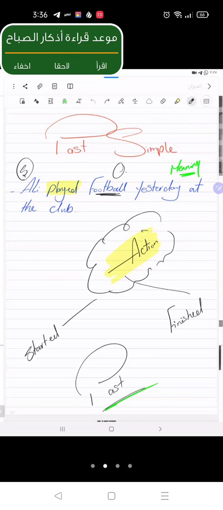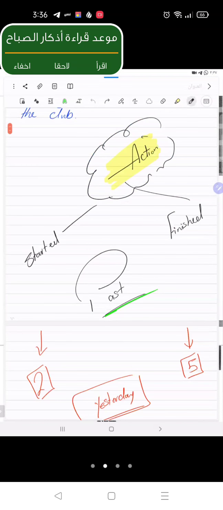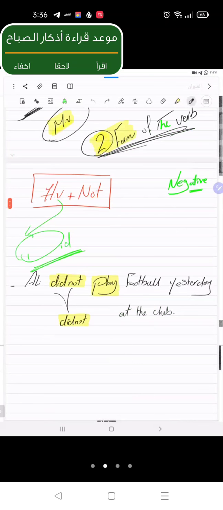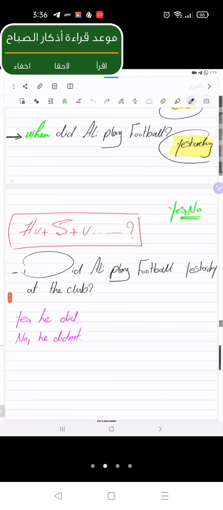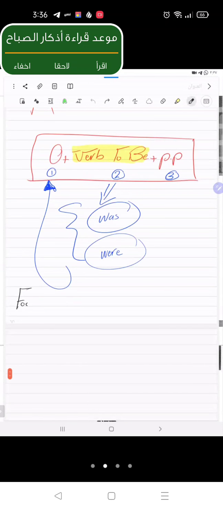So we will start with the object: football. Could we say football were or football was? Was, excellent. So this is number one and this is number two.